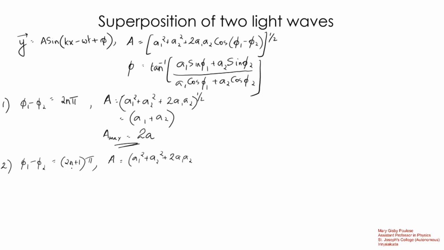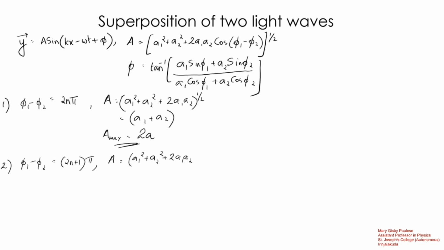If n is equal to 0, I have cos pi, that is minus 1. When n is equal to 1, I have cos 3 pi, that is also minus 1. When n is equal to 2, I have cos of 5 pi, that is also minus 1.